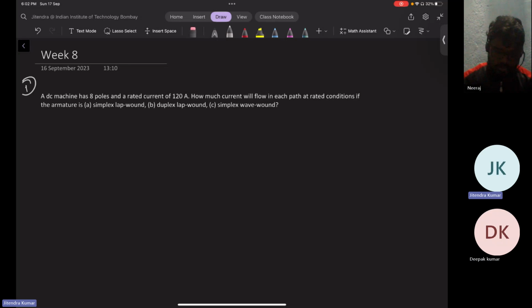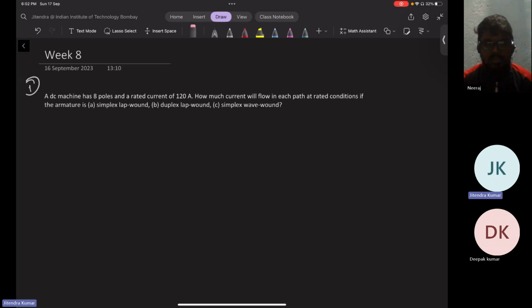I hope you are aware of the terminology of lap winding and wave winding. Could you please let me know what you mean when we say lap winding, and what you mean when you say wave winding?